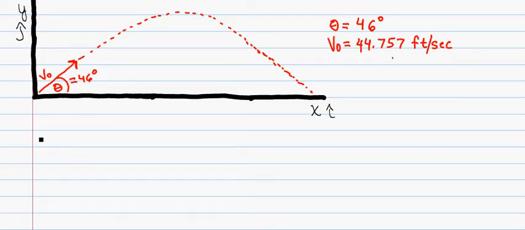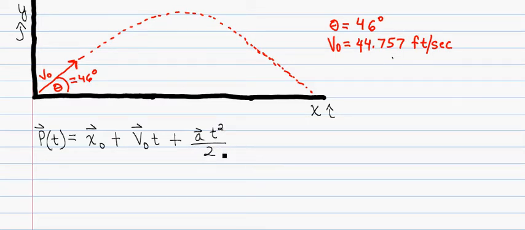So we know that the formula for the position vector at any time is modeled by this equation: x naught plus the initial velocity vector times time plus the acceleration vector times time squared over 2. So we could figure out the position at any time that this rocket was, based on this formula.